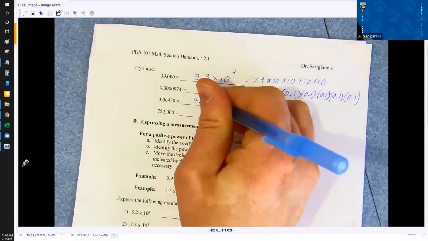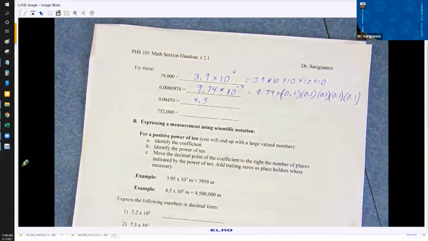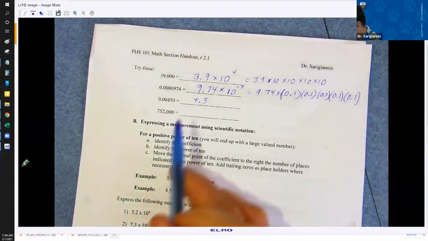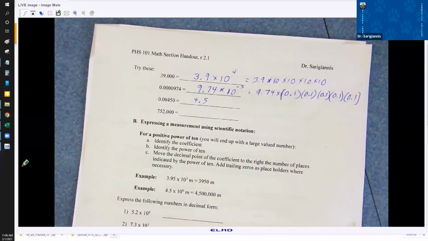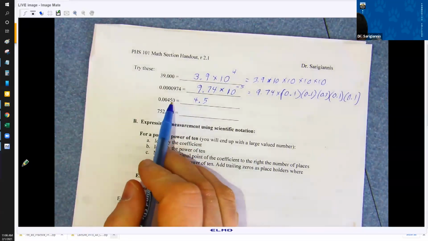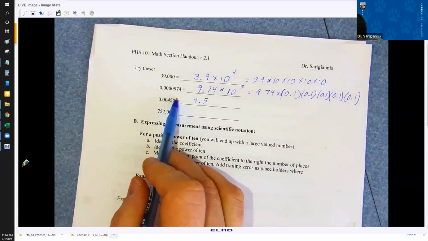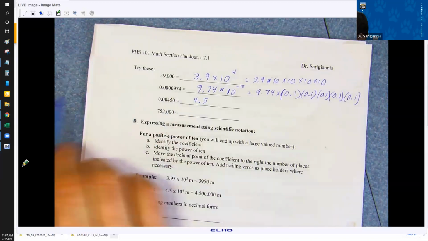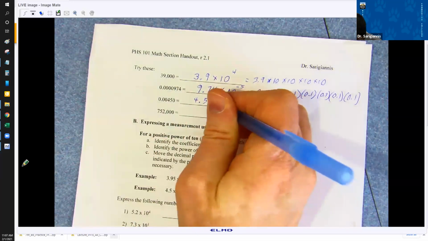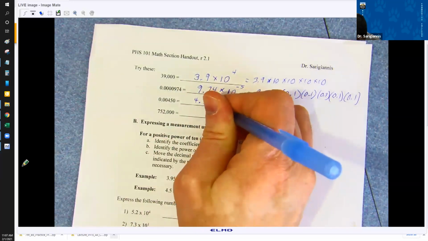Okay, so let's look at this. 4.5. Now, one thing I want to point out to you here is in the context of significant figures, this number has a 0 at the end, right? So, I mean, you're correct with the exponent. But what I'm going to do here is I'm going to add this in.